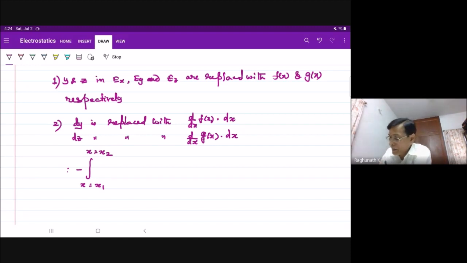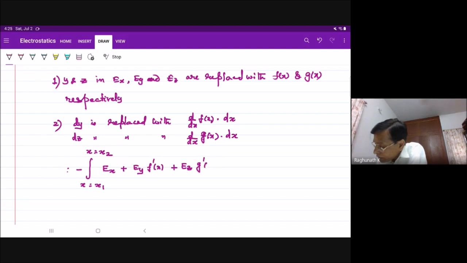And once again, minus integral of ex plus ey times f dash of x plus ez times g dash of x times dx.